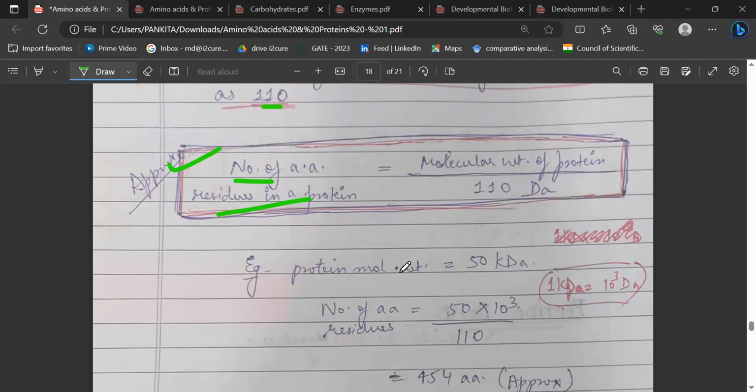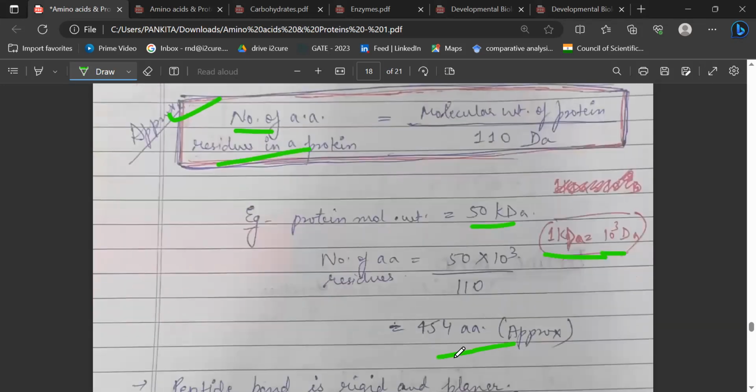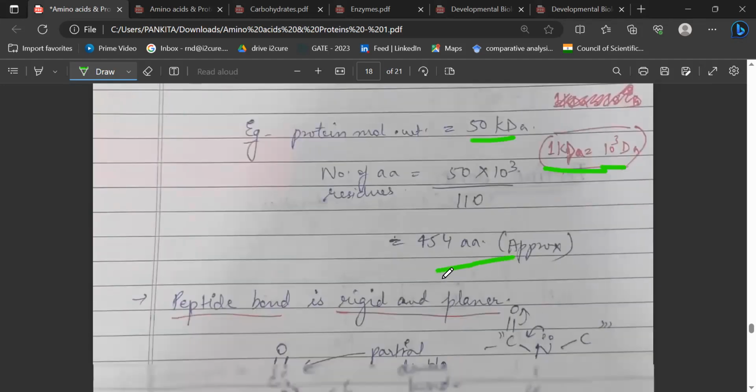For example, if we have a protein whose molecular weight is 50 kilodaltons, to find the number of amino acid residues in it, we divide 50 kilodaltons by 110, and we obviously convert kilodaltons into daltons. 1 kilodalton contains 10 to the power 3 daltons. So we get the final approximate number of amino acid residues in that protein.